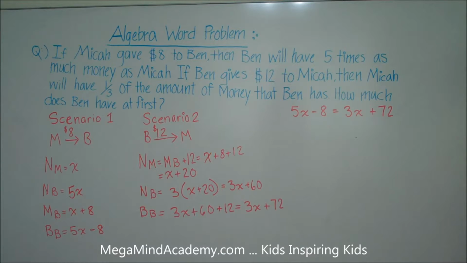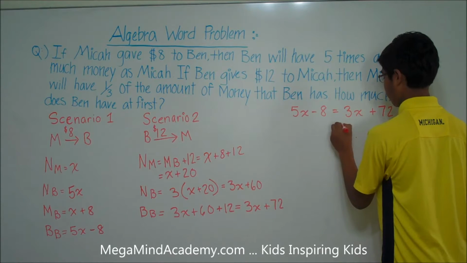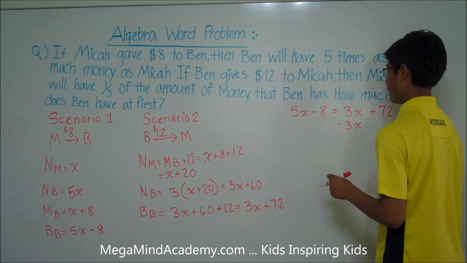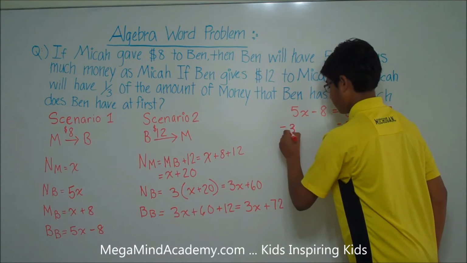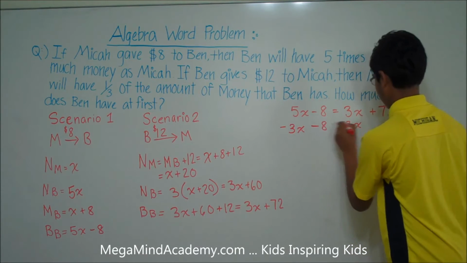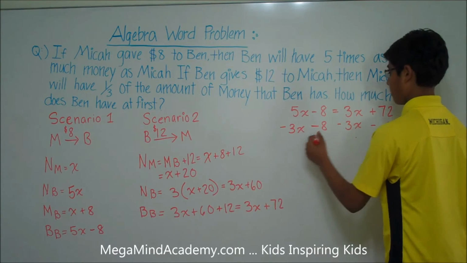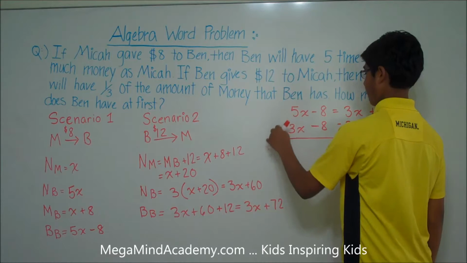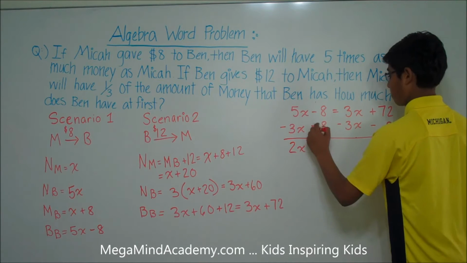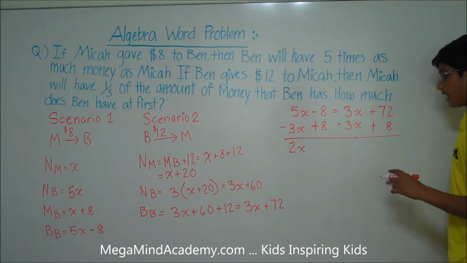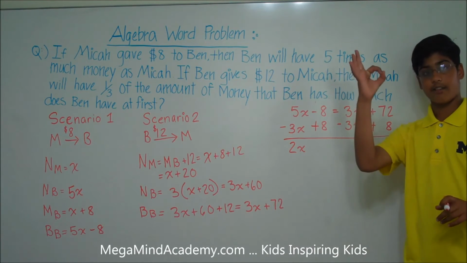So let's get the variables on one side and the numbers on the other side. We can subtract 3x from both sides of this equation to get rid of 3x from this side, and we can add 8 to both sides to get rid of 8 from this side, because negative 8 plus 8 becomes 0.